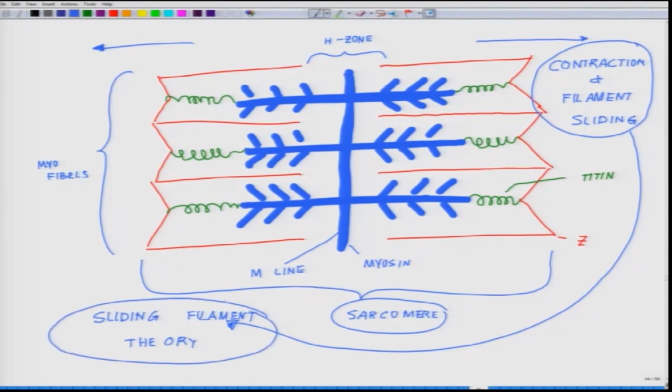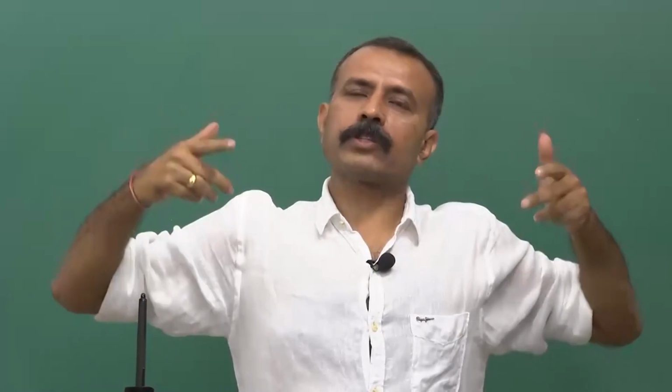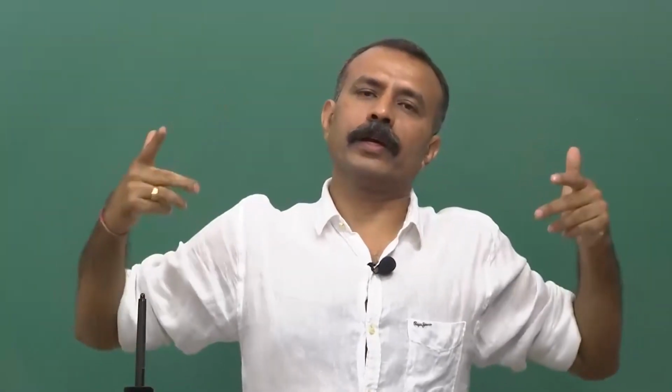I have already explained what the sliding filament theory is. Sliding filament is nothing but, as I repeated, on the rails of the thin actin filament, the myosin slides like this.